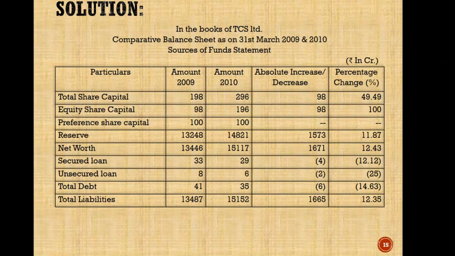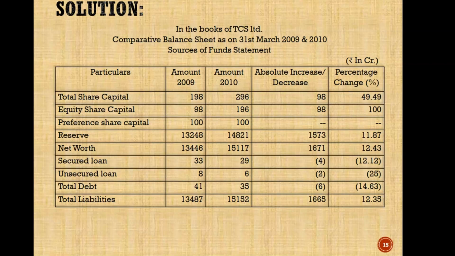Then percentage change. The formula is already shown to you: we have to compare the data with the earlier year. Using that formula, we have calculated percentage change. Absolute increase in a particular year, that is 98, into 100, divided by 198, that is the previous year's amount.